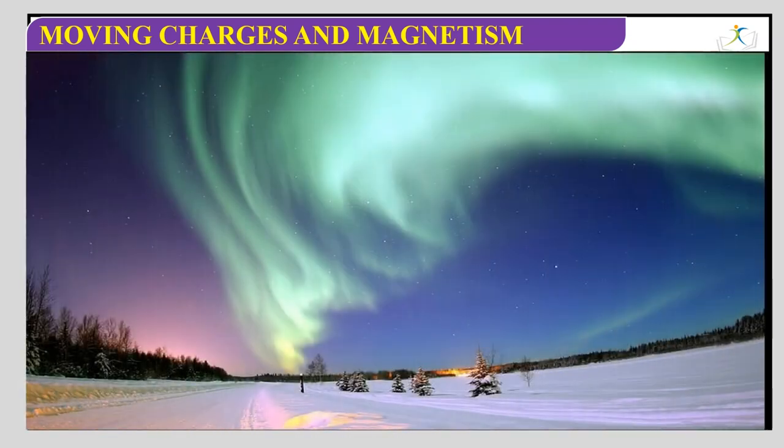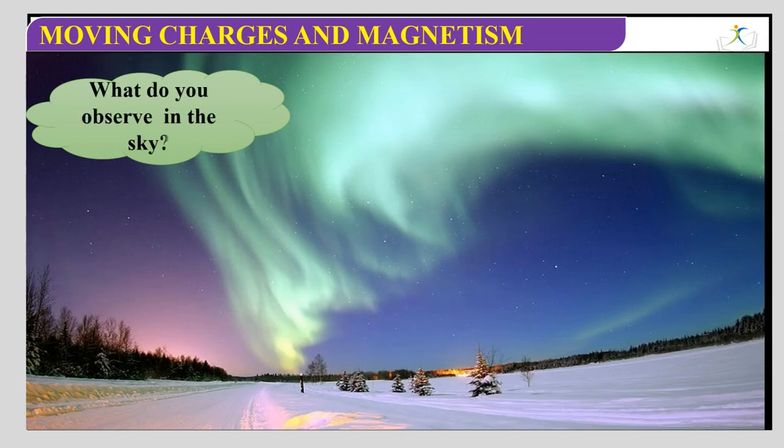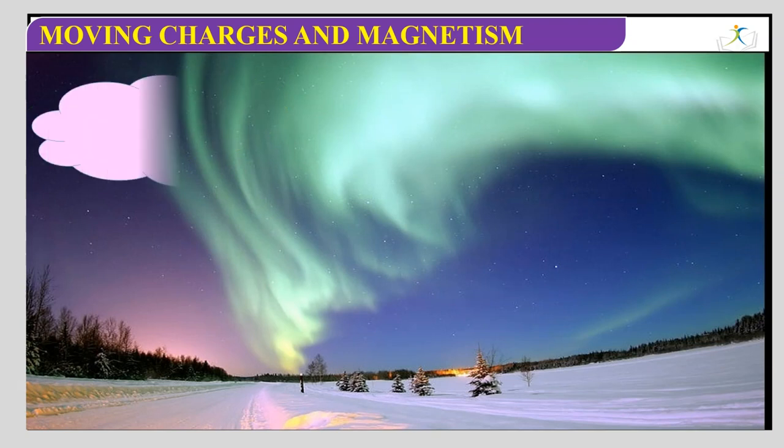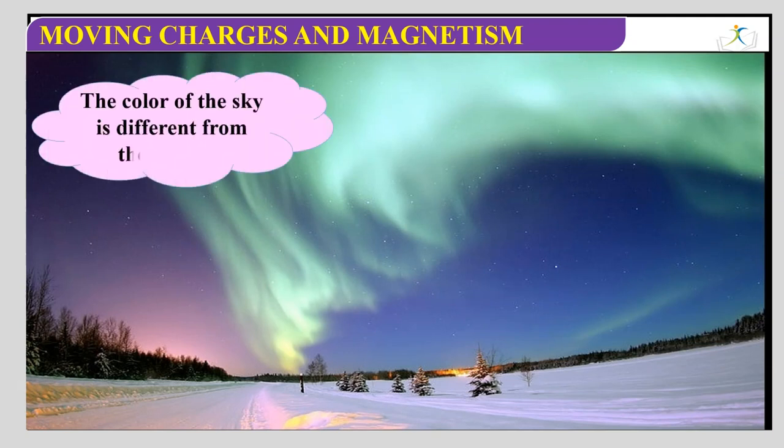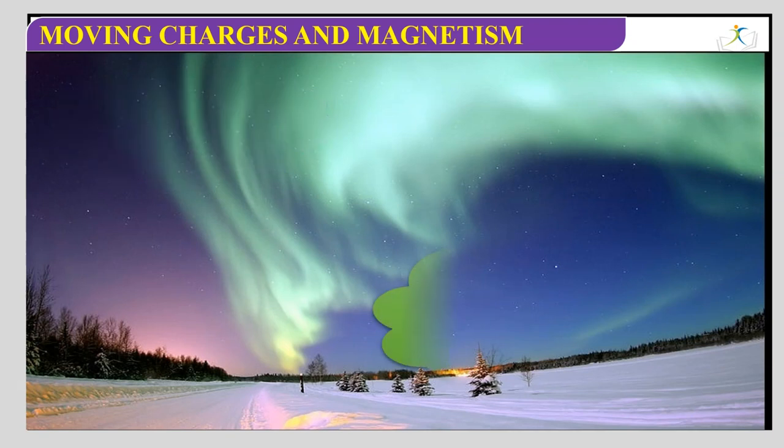Have you ever seen this? This is a fabulous phenomenon. What you observe in the sky, the color of the sky is different from normal, isn't it? So why does this kind of thing happen?